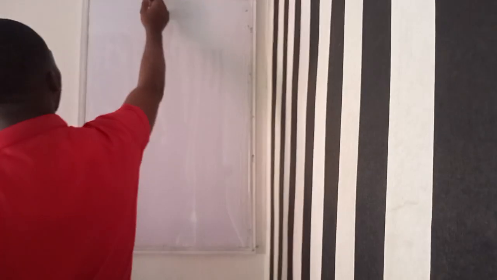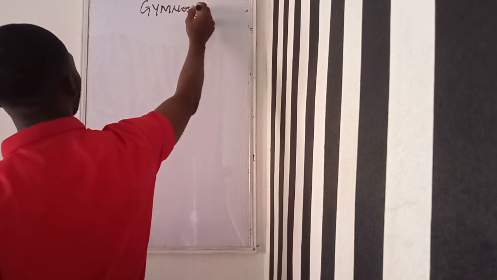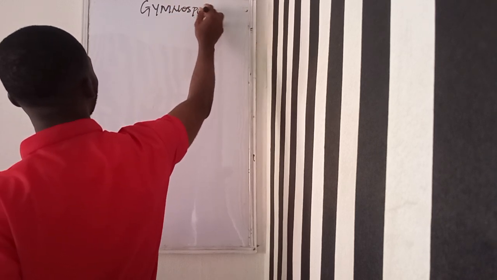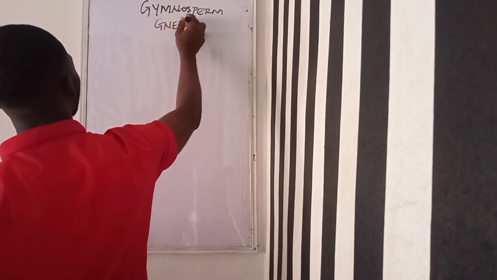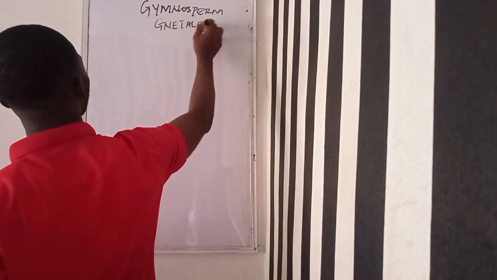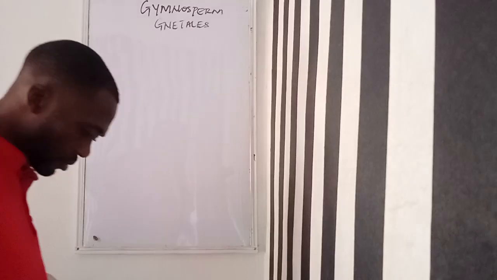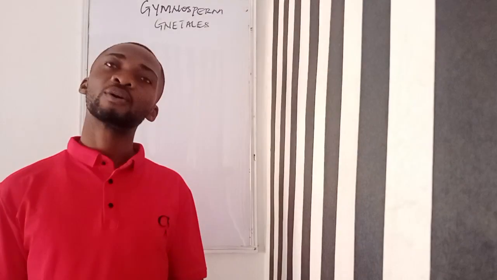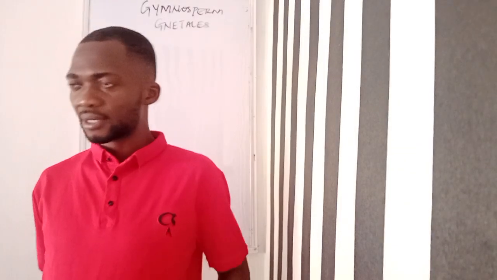When I talked about Gnetales initially, this is still gymnosperm we're talking about. The first time I mentioned them, I said that the most advanced group of gymnosperms are called the Gnetales, and this order has three families.